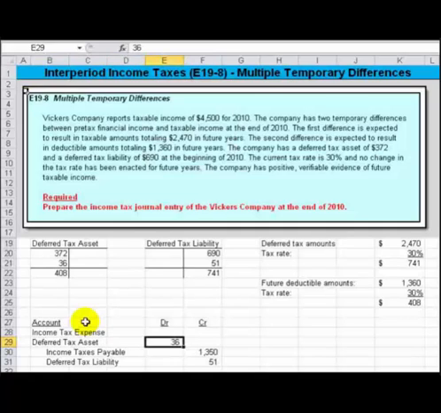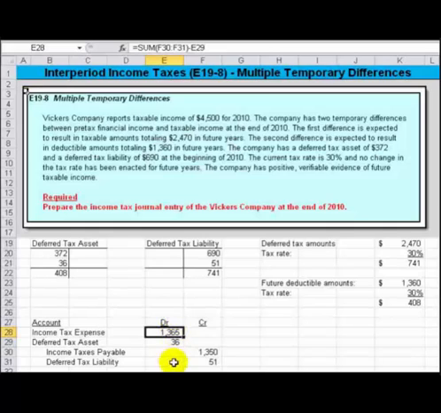Once we know exactly what the balance sheet should look like, meaning the current liability of $1,350, what deferred taxes should look like and what deferred tax assets would be, then we can force the income tax expense, which is going to be equal to the sum of the debits minus the credits, because it'll balance.